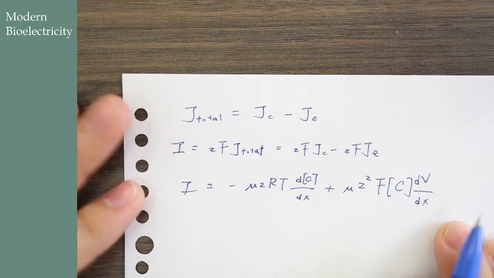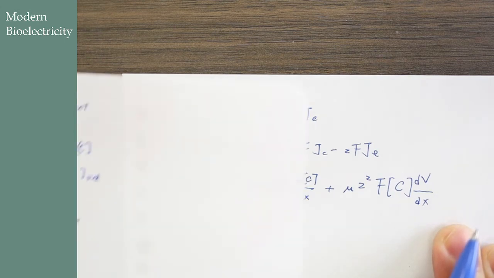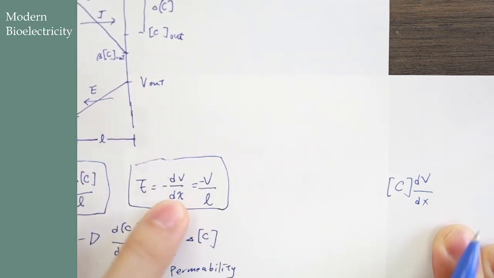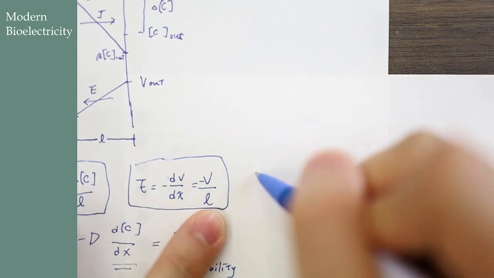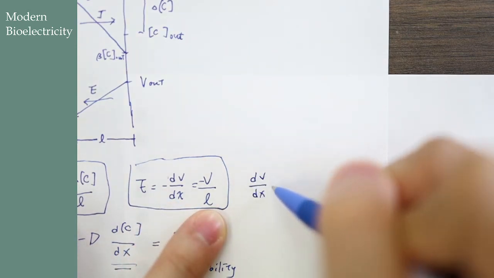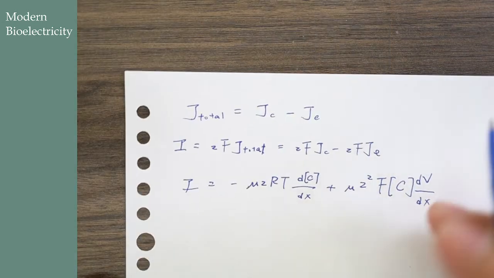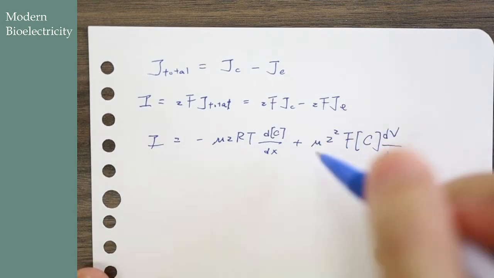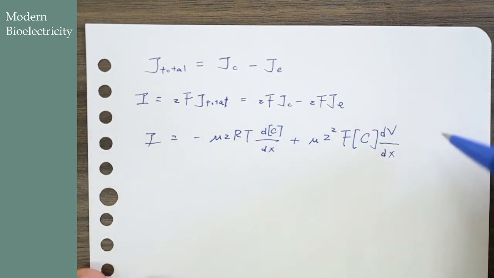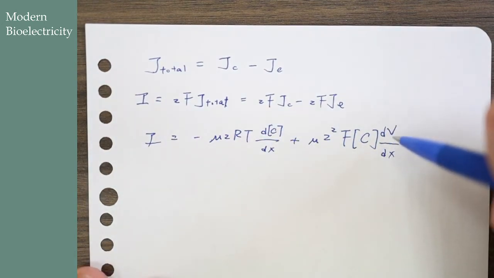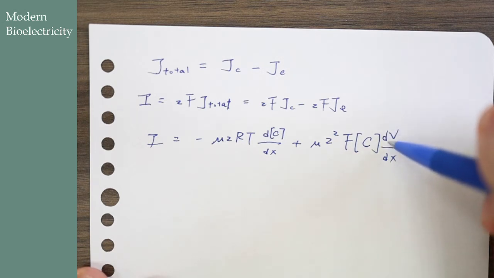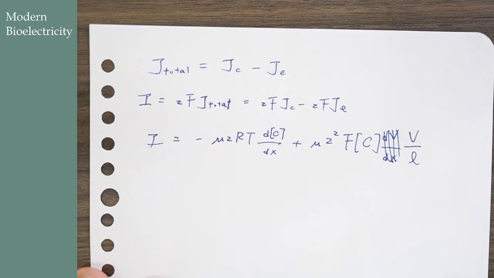And the electrical field in the membrane, dv dx, is equal to V divided by L. So for the current flow here, we can rewrite this into V divided by L. Right.